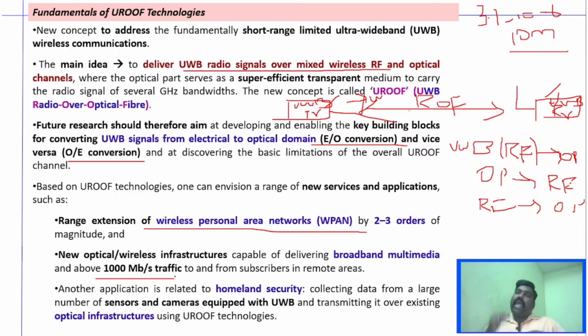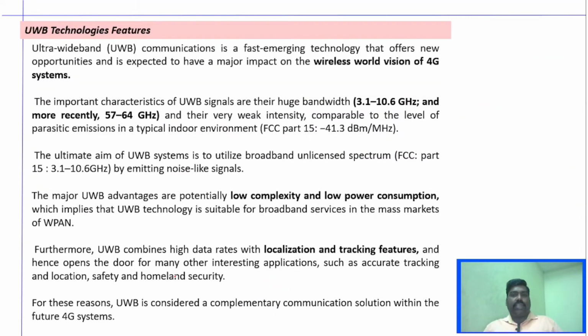Another important application is homeland security, where we acquire data from various sensors capable of using UWB technology, and the same can be transmitted over optical fiber through a longer range using UROOF technologies, right? These are the benefits of UROOF technology.